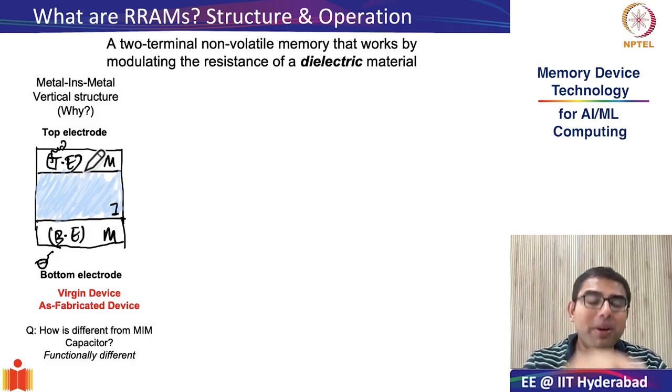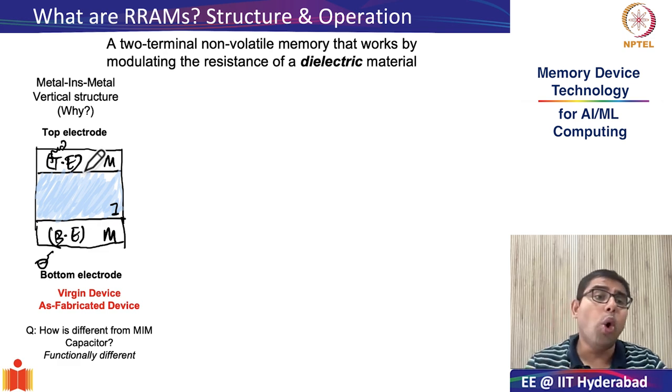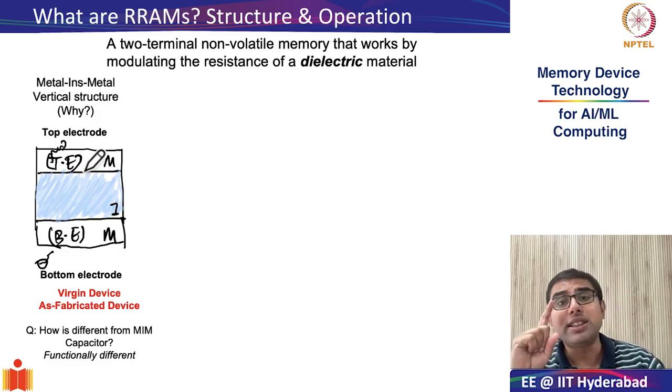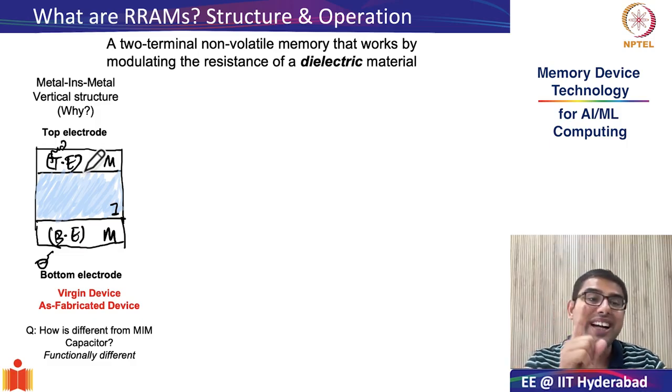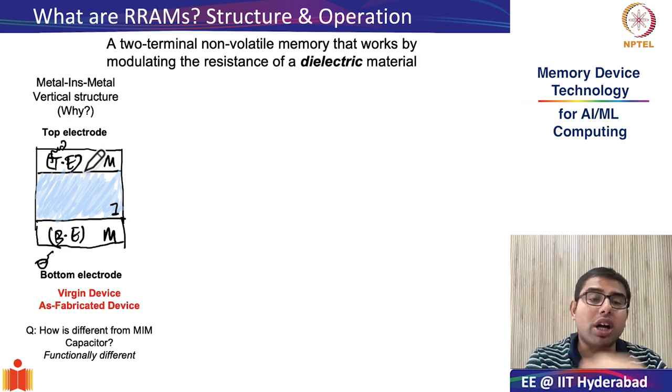But in programmable read-only memories, since you were able to write only once, either a fuse is in open condition or it is in fused condition, which is the closed condition, and that programming only happens once. That is why it is a read-only memory. But RRAMs are storage elements that you have to keep switching between open and closed configuration, or high and low resistance states, which have to be repeatably switchable. That is what makes your fuses functionally different from your RRAMs, although they may be structurally the same.